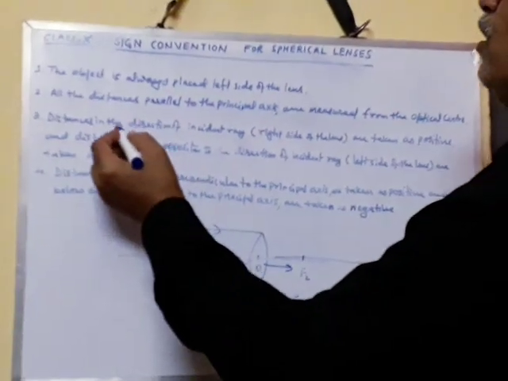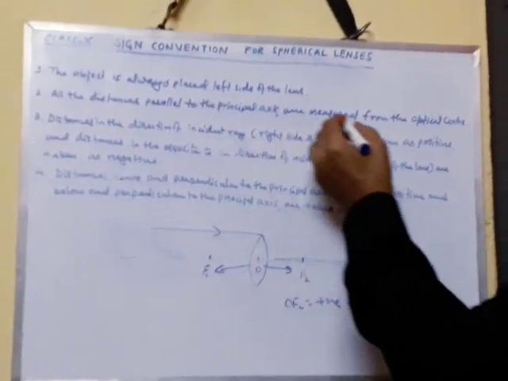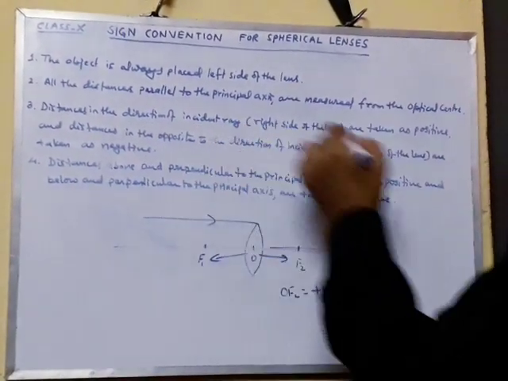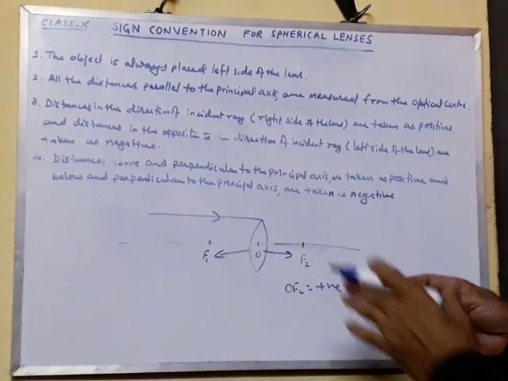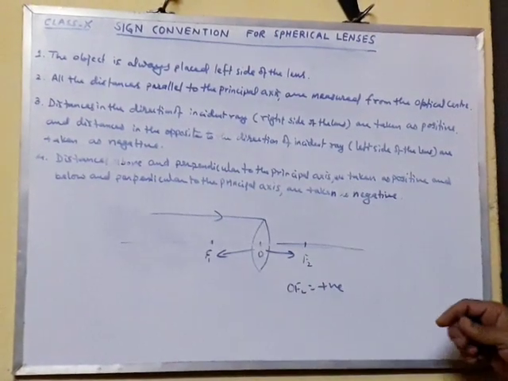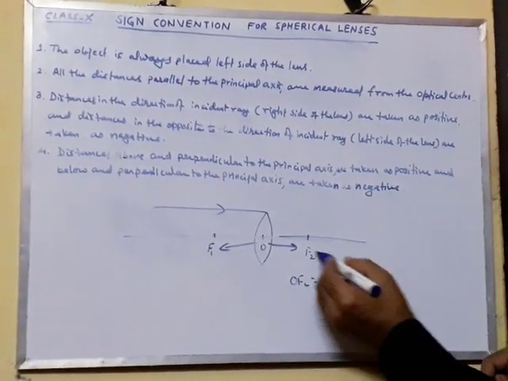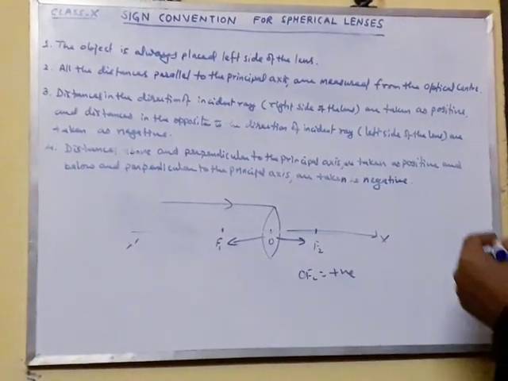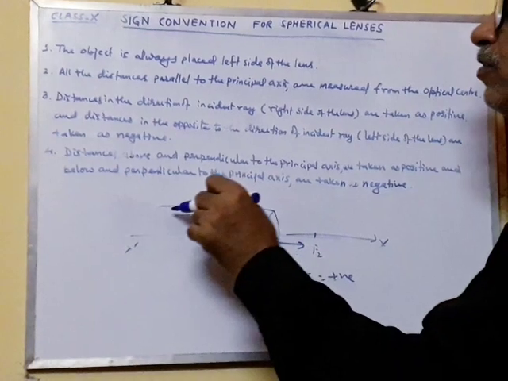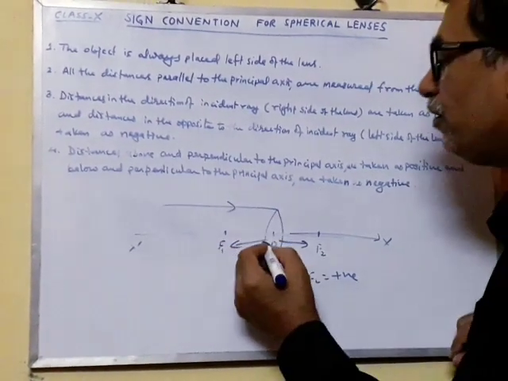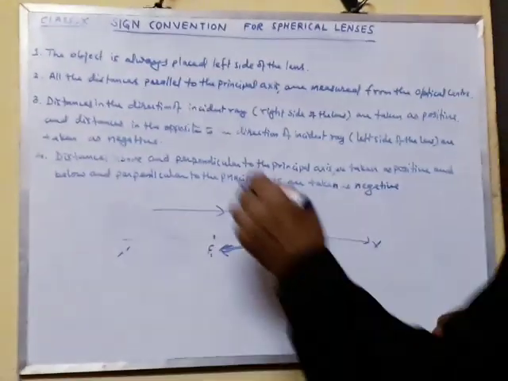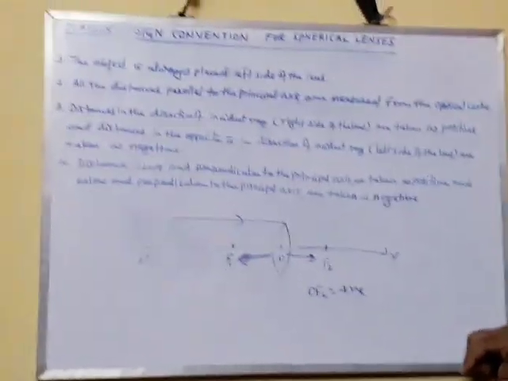All the distances parallel to the principal axis are measured from the optical center. Distances in the direction of the incident ray, that is the right side of the lens, are taken as positive, in this direction of the x-axis, and the distances opposite to the incident ray, that is the left of the lens, are taken as negative.